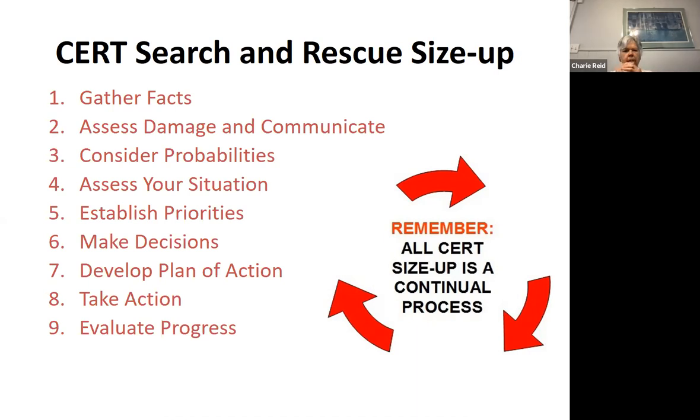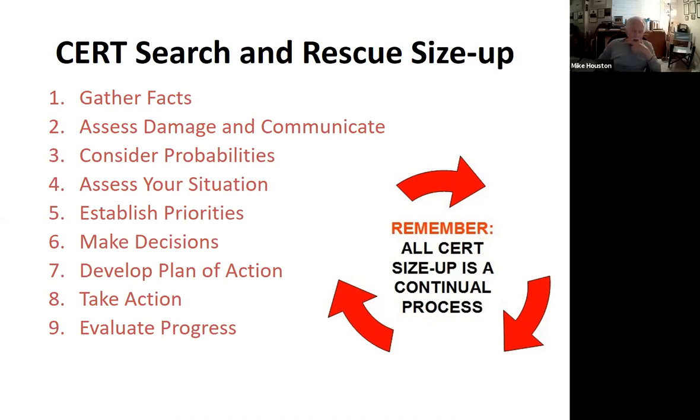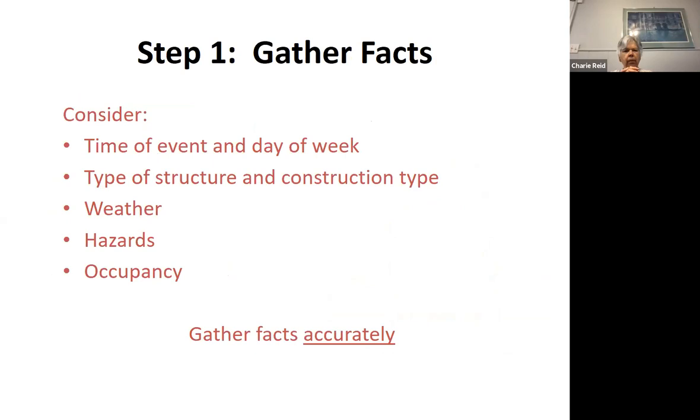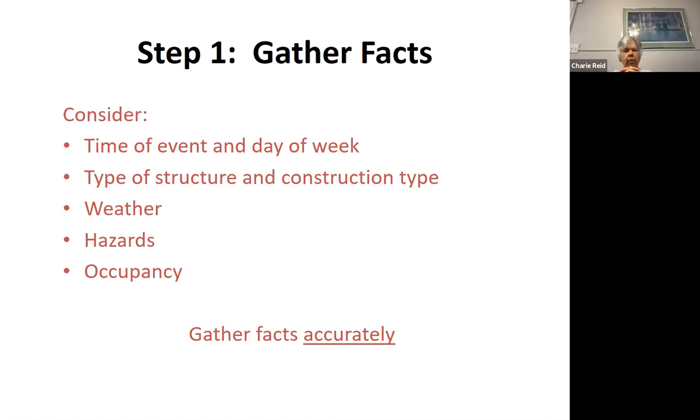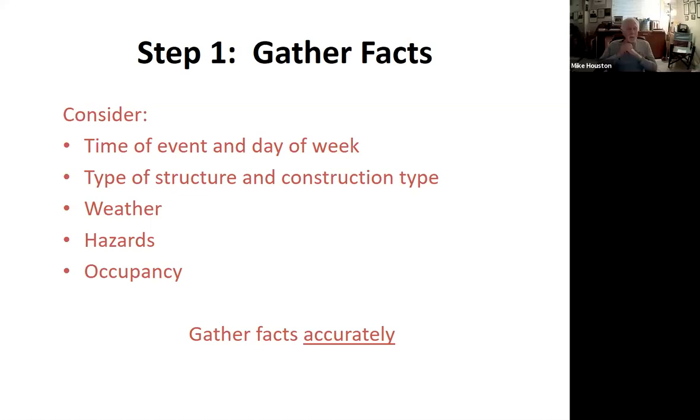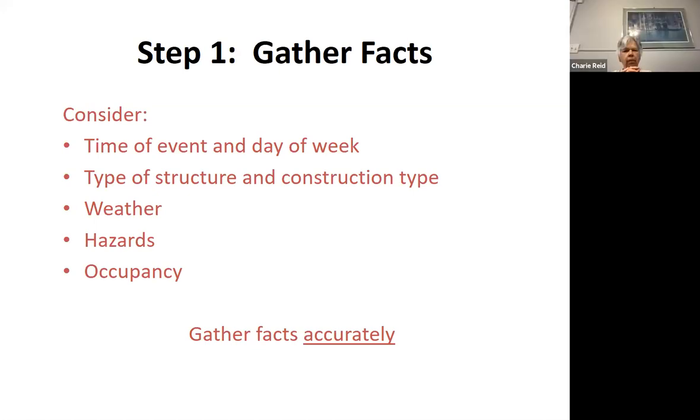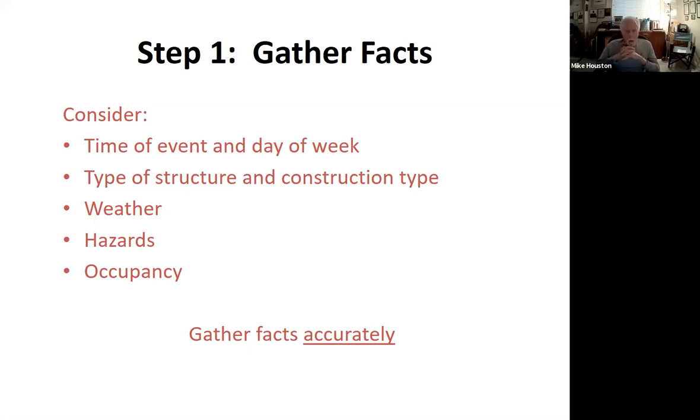We always want to evaluate our progress. That just kind of comes naturally. Okay, the time of event and day of week, we've discussed that pretty thoroughly in classes in the past, and people have a pretty good idea of what that means. Like if we're in a residential area and it happens to be on a Wednesday at 1 o'clock in the afternoon, where are most people going to be?